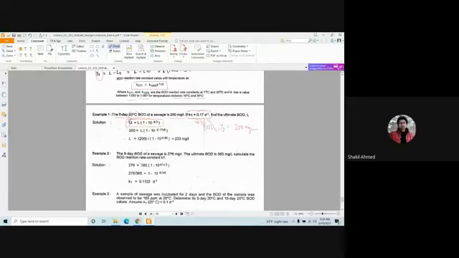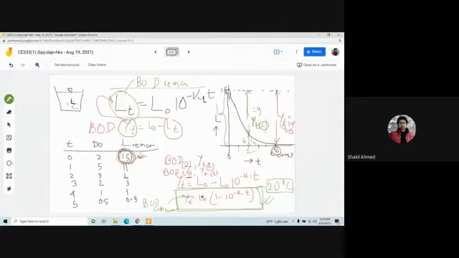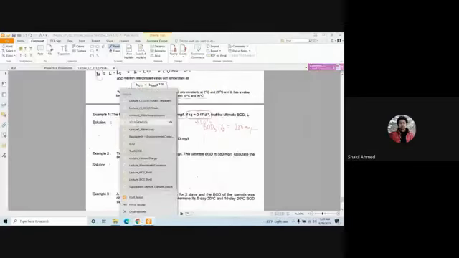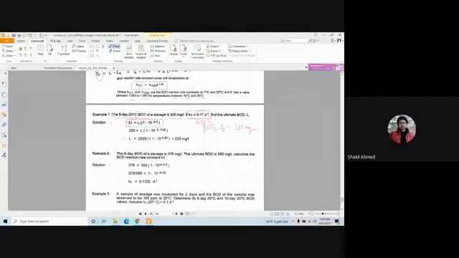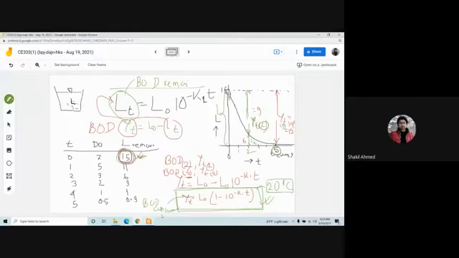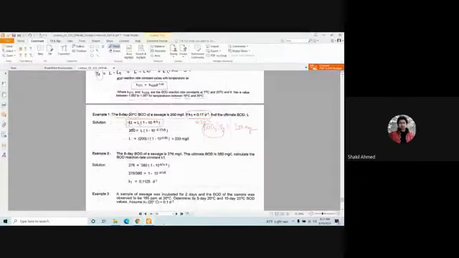Okay, let's correct it. Yt equals L0; they are referring to L0 as L here, so let's write this L0. 1 minus 10 to the power minus K1 T. BOD5 is given, this is 200.